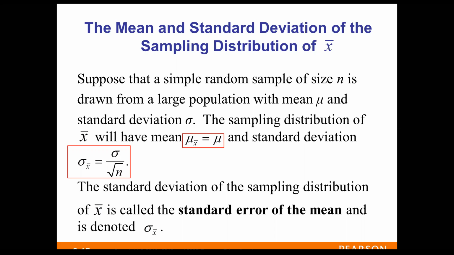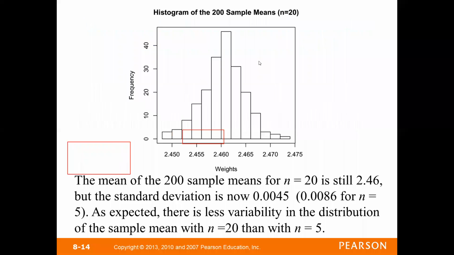When n was equal to 5, we had a standard deviation of 0.0086.